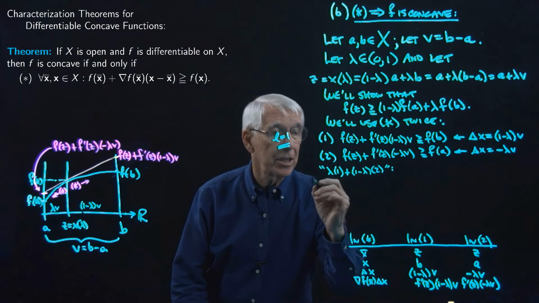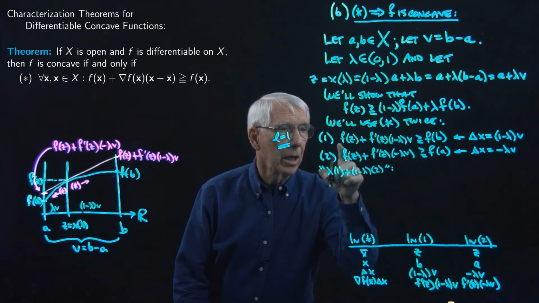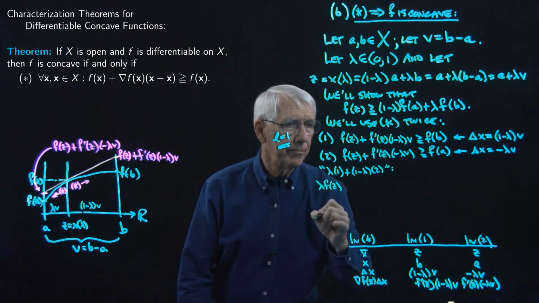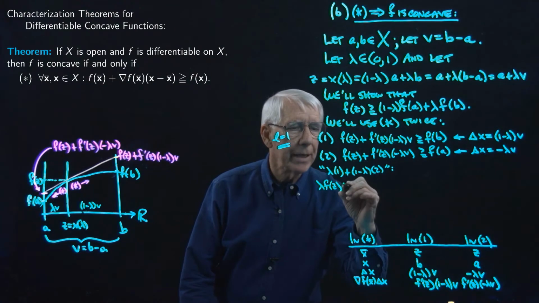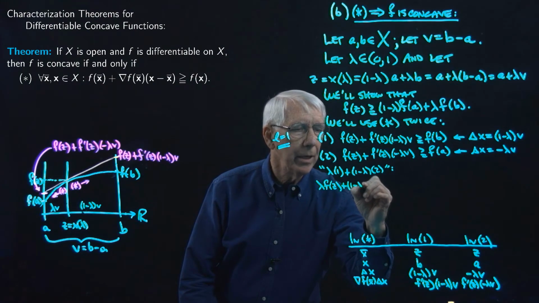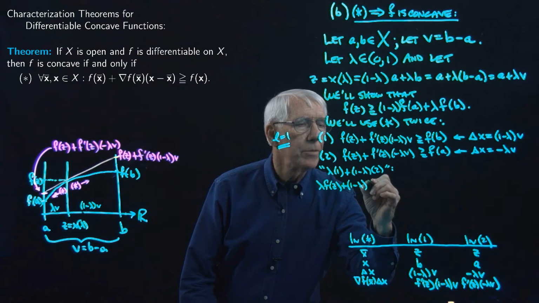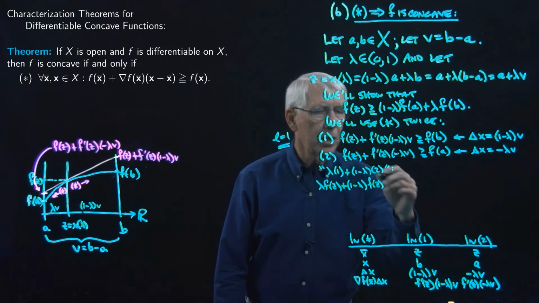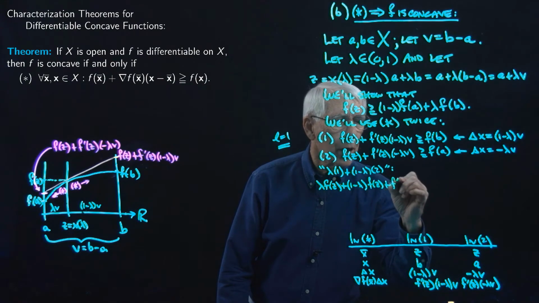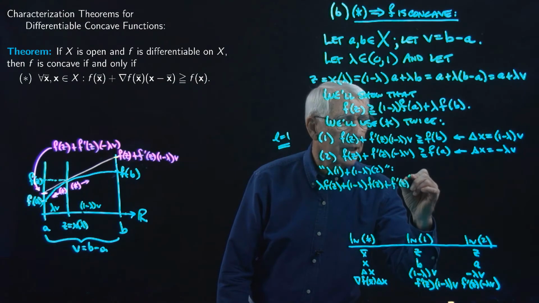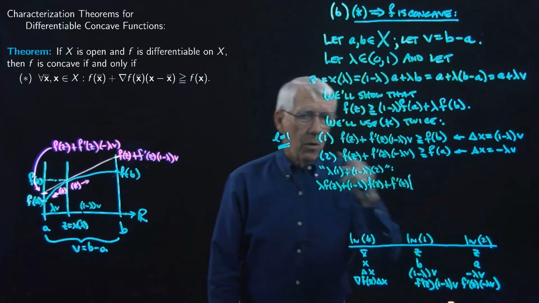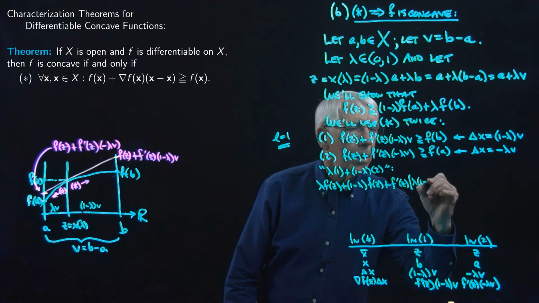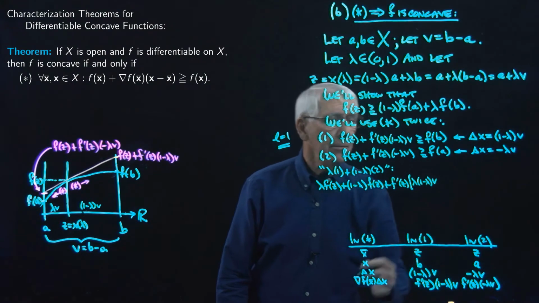So let's just carry that out, and let's give ourselves a little room here. So lambda times this is lambda f of z, and now I'm going to add this part, and that's going to be 1 minus lambda times f of z. And now I'm going to add these two parts, so I have f prime at z times lambda times 1 minus lambda times v.